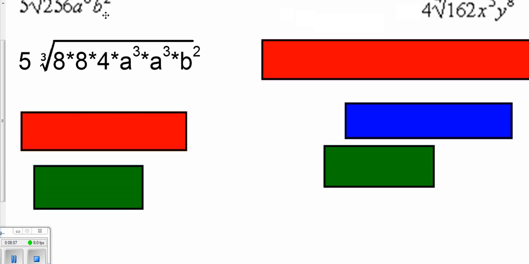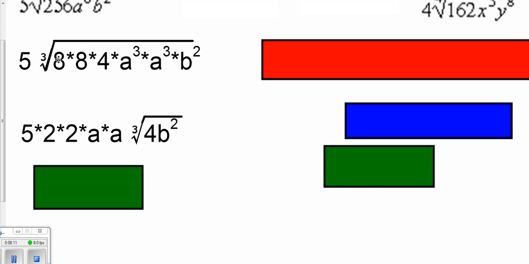The cubic root of 8 is 2. So we can take out 2 from this, 2 from this, a from this, and a from this. The only things that aren't cubic roots under here are the 4 and the b squared.